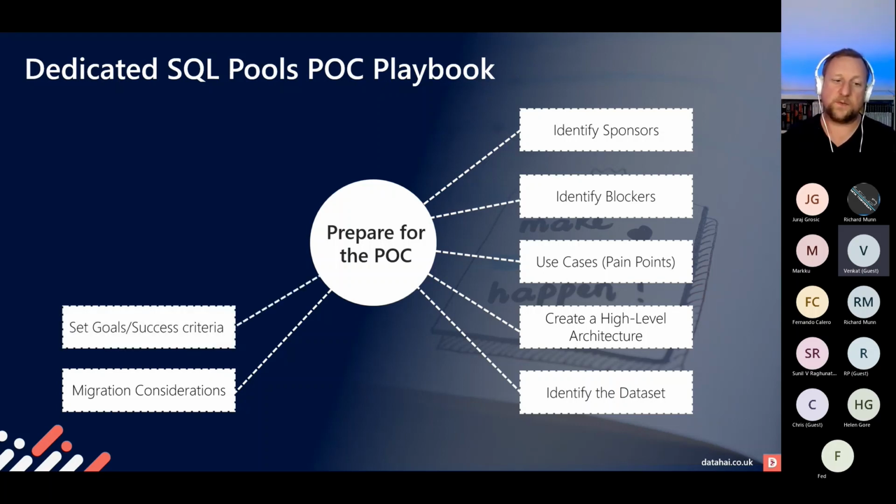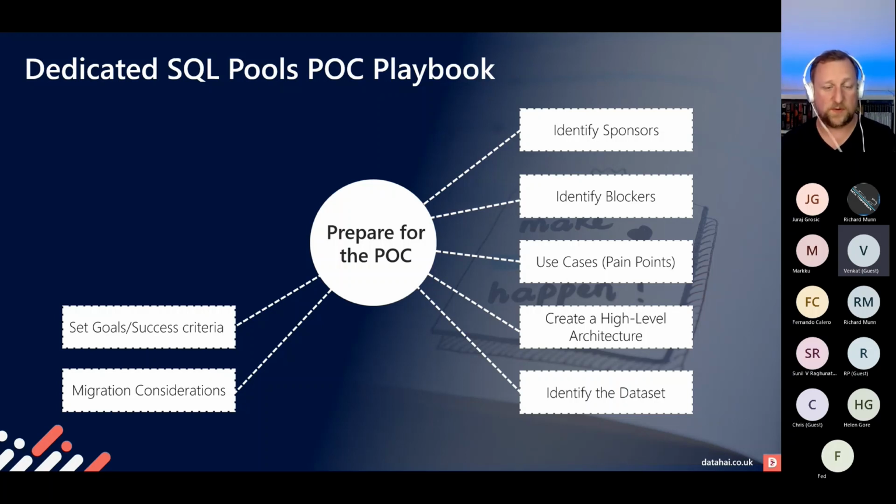And then we go back to making sure that our proof of concept has got some criteria that we can evaluate. We have some goals and some success criteria there. Do we need the data loading to complete in a certain time frame? Do we need queries that feed downstream systems to complete in certain times?